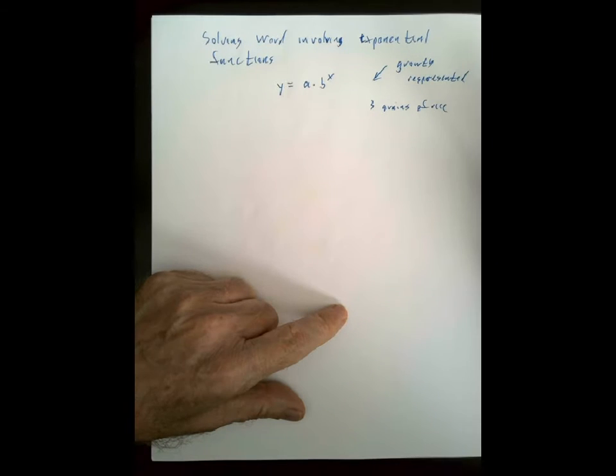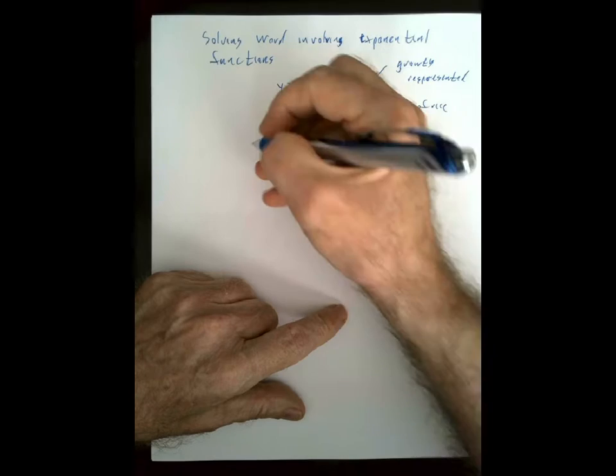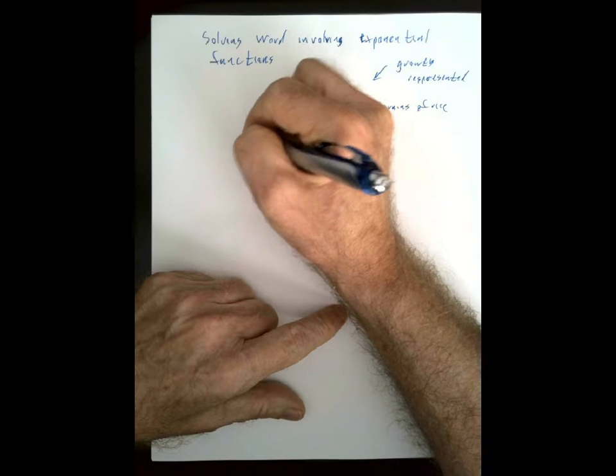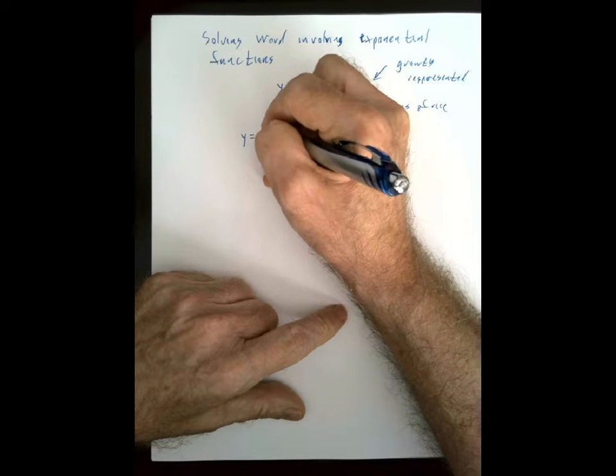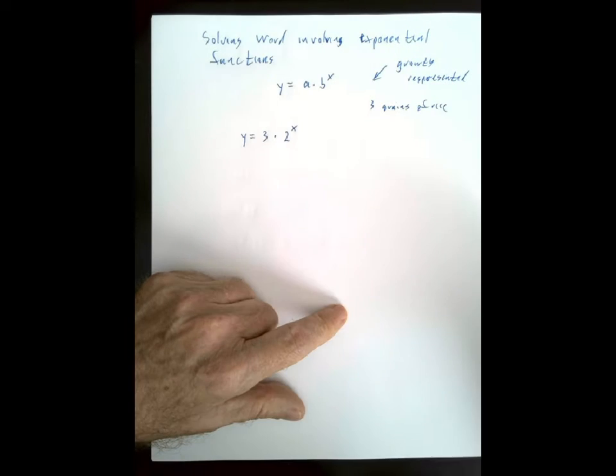And each one was doubled. So each space after that was doubled. So the first space was 3 grains, the second space was 6, and then the third space was 12, and then 24, and so on. And we ended up with a function that looked like this, where y was equal to 3 times 2 to the x, right?